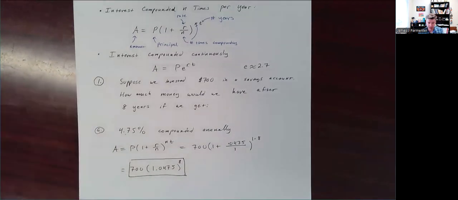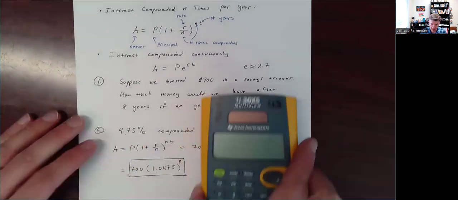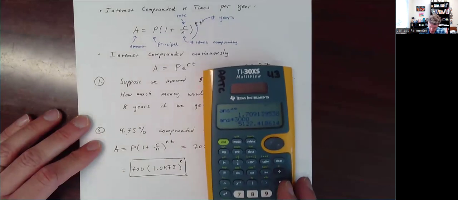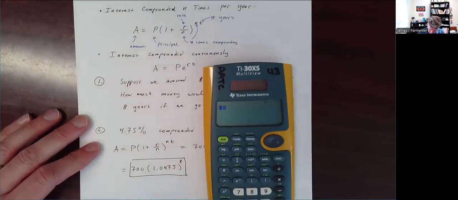But if I was going to approximate it using a calculator, let's go ahead and do that. So I would do it in 2 steps probably. I would first do 1.0475 raised to the 8th power, and then I multiply that by 700. You could also enter it all at once.